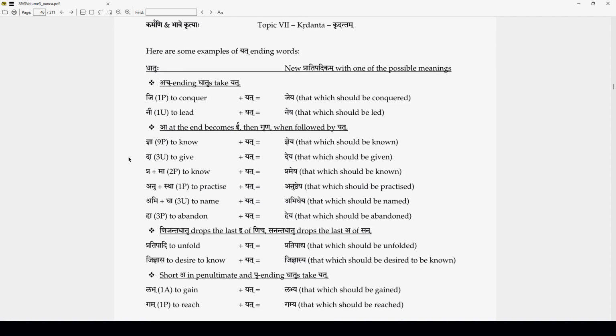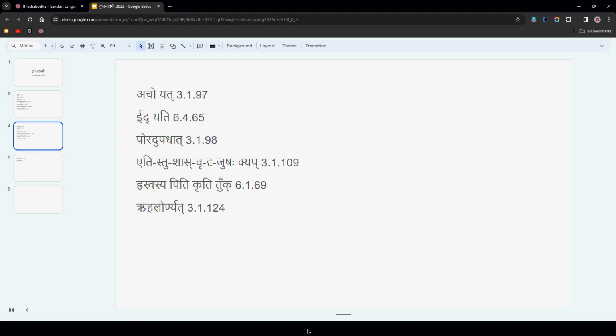This we saw last week. Similarly, jna plus yat jneya, and then ma plus yat meya, stha plus yat stheya, dha plus yat dheya, ha plus yat heya. So for these dhatus ending in a, the a changes to e, and e changes to a. That we saw last week by the idiyati sutra.